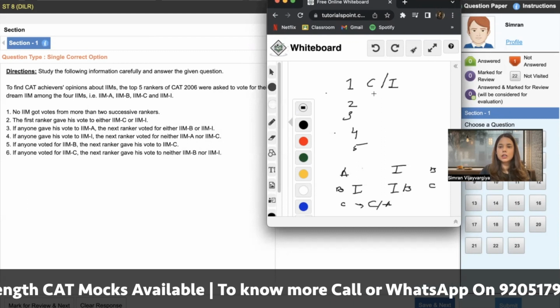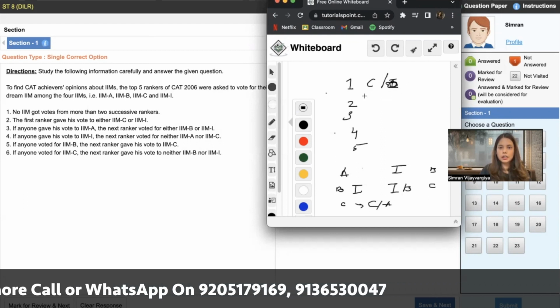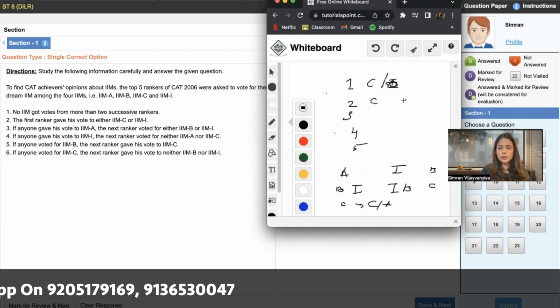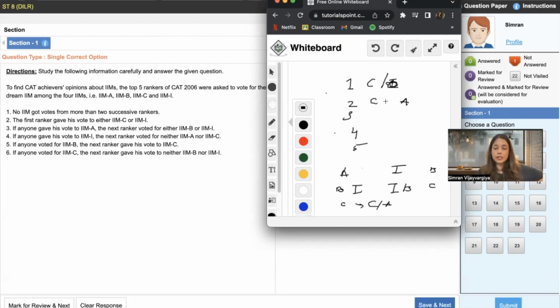Let's consider the first case, where they gave it to C. Then they either gave it to C or to A. If they gave it to C, the next can't be C, because no IIM can get more than two successive rankers.